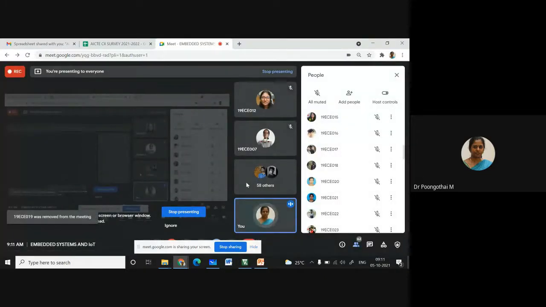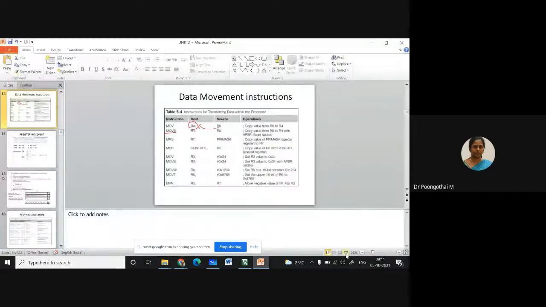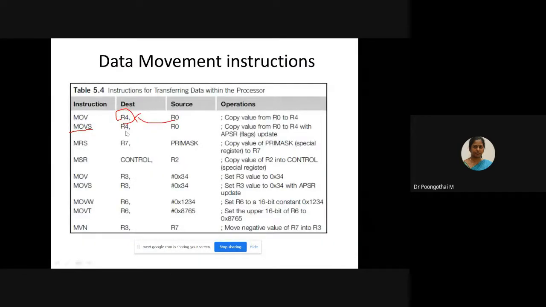Roll number 20. Yes, ma'am. So what is the purpose of this instruction? MOVS R4, R0.